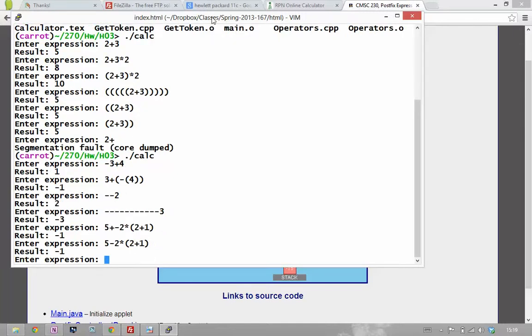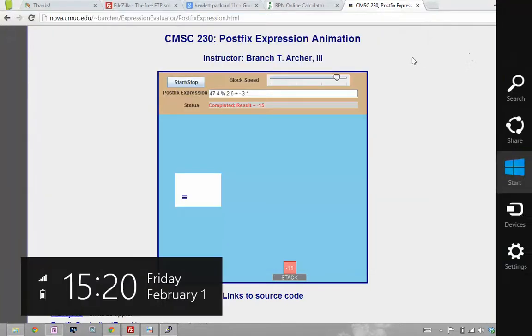Okay. So after I read a plus sign, I go out and I peek and I see that minus sign, and I treat it as a unary minus. Because you didn't have a number between them? Yeah.